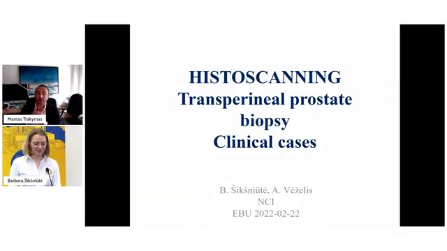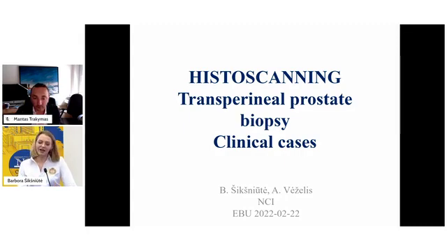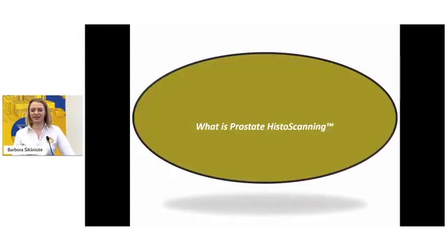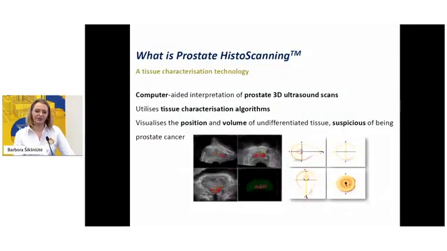So I will start my presentation about the histoscanning transperineal prostate biopsies, and I will present some cases. What is histoscanning? It is computer-aided interpretation of prostate in 3D ultrasound scans. It utilizes tissue characterization algorithms.